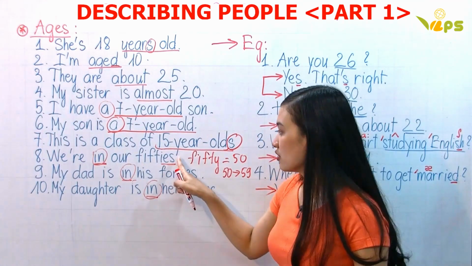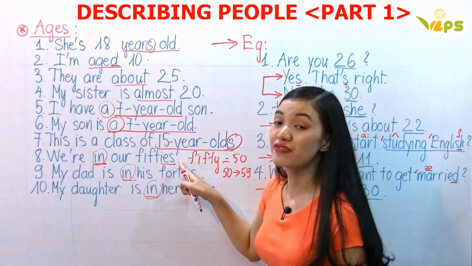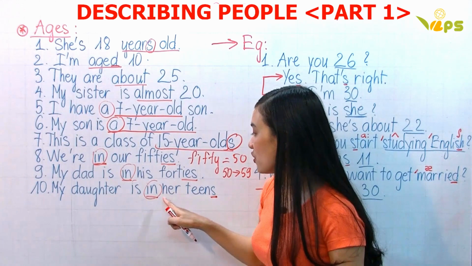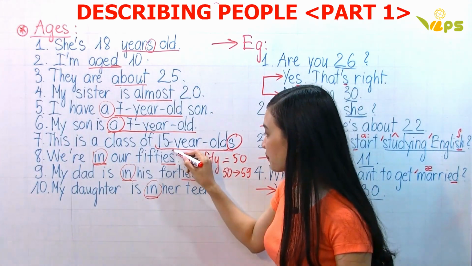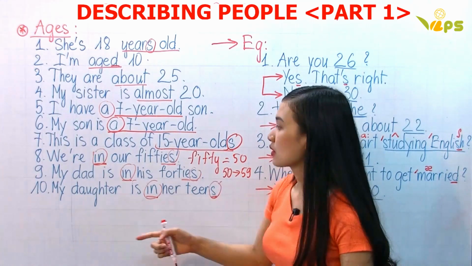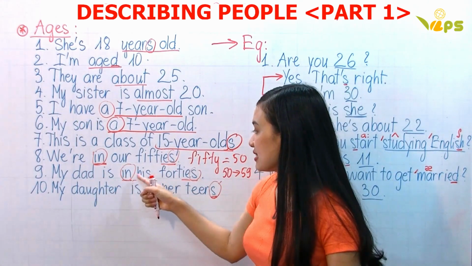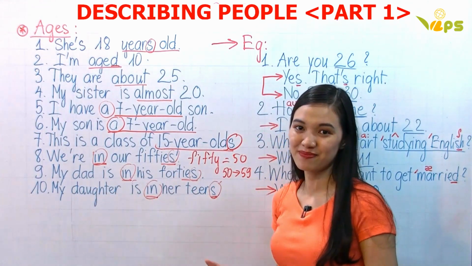And then the number of age. In our 50s, in his 40s, in her teens. Remember, we have to add s here, okay? We're in our 50s. My dad is in his 40s. My daughter is in her teens.